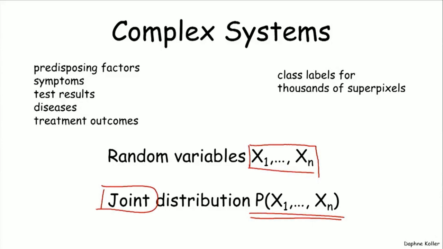Now, the important thing to realize when looking at this is that even in the simplest case, where each of these is, say, binary valued, which is not often the case, but say for the sake of argument, if you have n binary valued variables, then this is a distribution over 2 to the n possible states, one for each possible assignment.